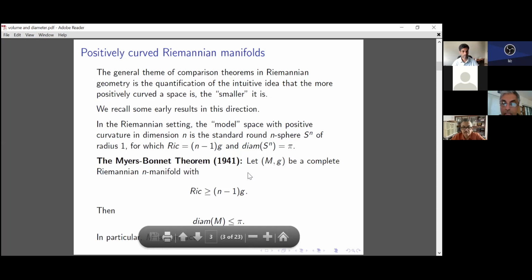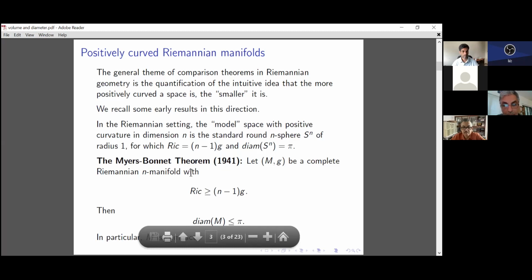In the Riemannian setting, the model space in the positive curvature case is the round sphere of radius 1 in dimension n. This metric has the property that the Ricci curvature is just n-1 times the metric, and the diameter is exactly pi.